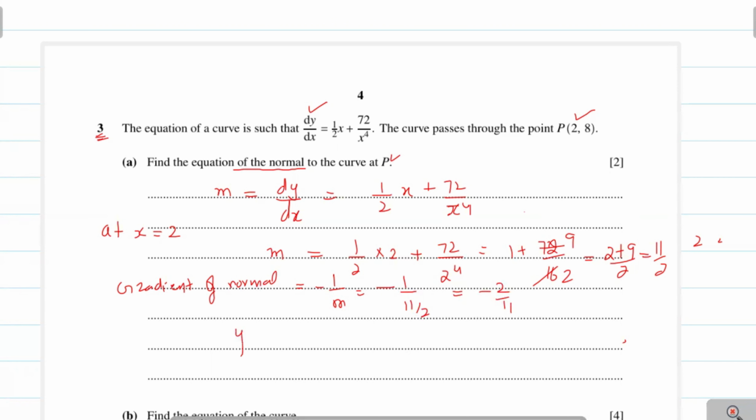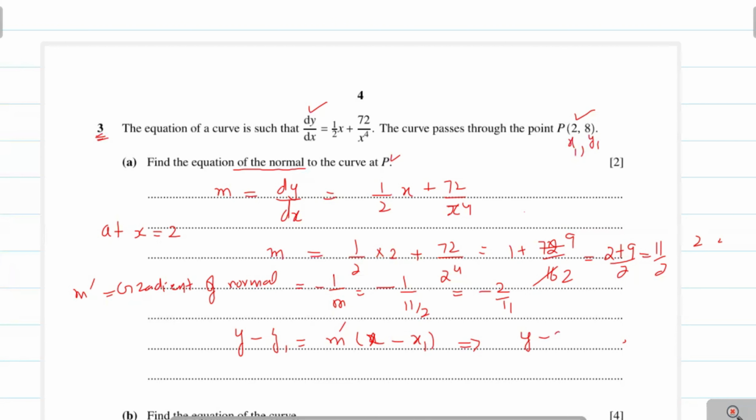Now the equation of the normal at P will be y minus y1 equal to m dash into x minus x1. This we represent as m dash. Here y1 is 8, x1 is 2.